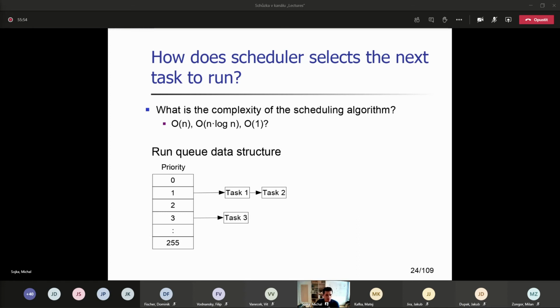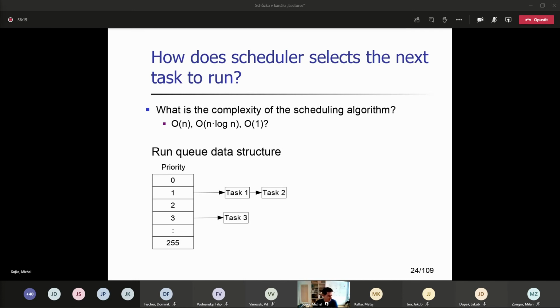And now most CPUs support an instruction which is called differently, for example, bit scan first or find first bit or something like this. Basically this CPU instruction can find the first bit in a register which is set to 1.